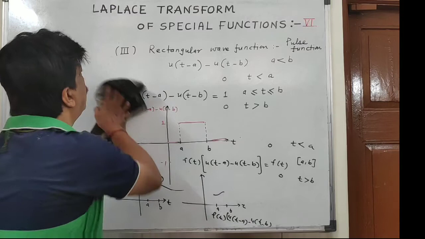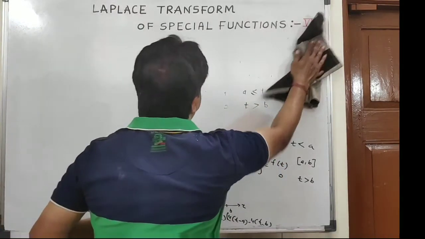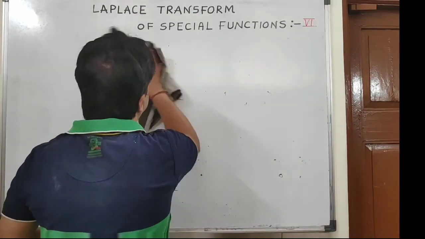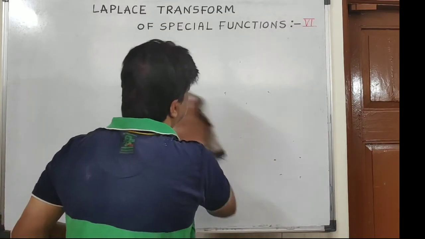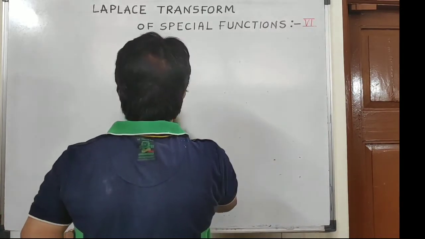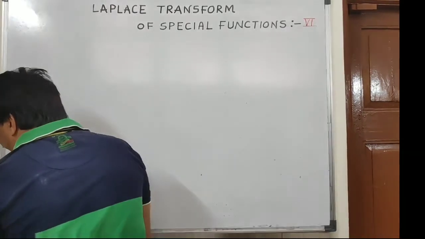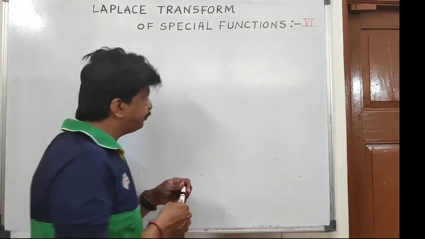Now, we have seen the Laplace transform of u of t is 1 by s.